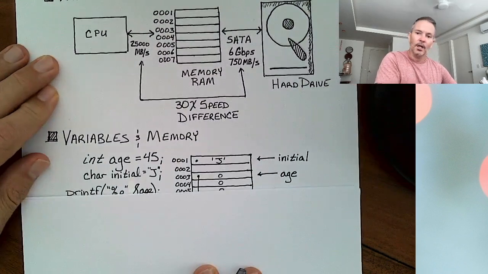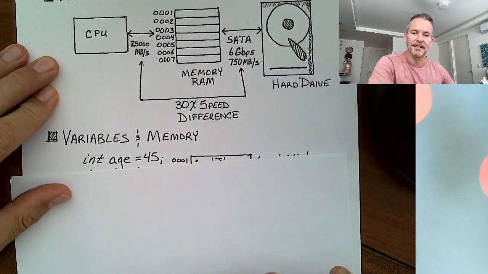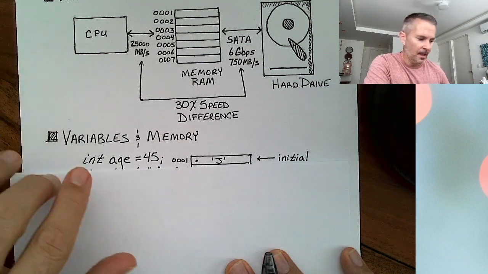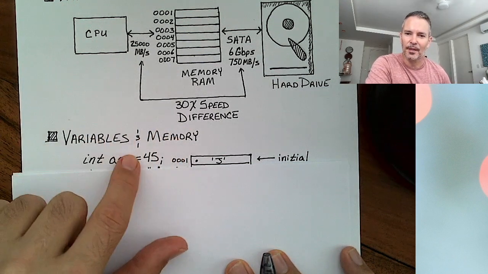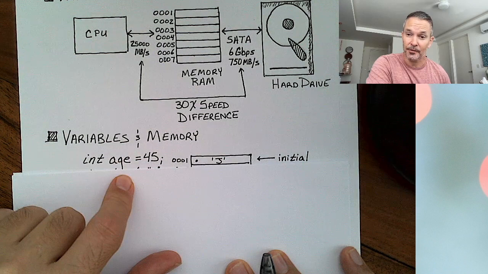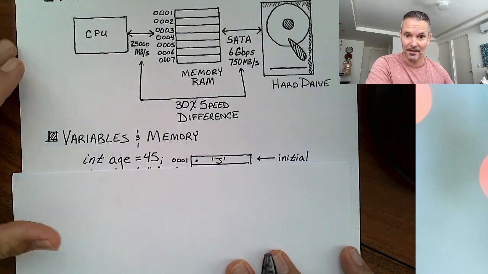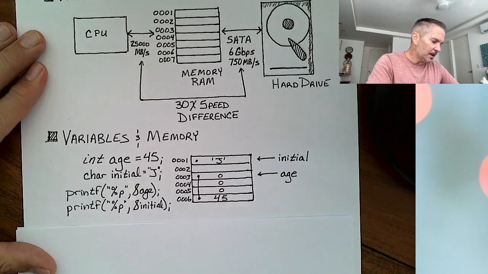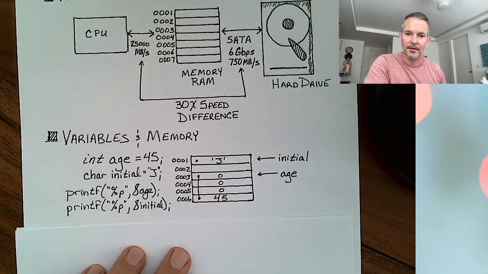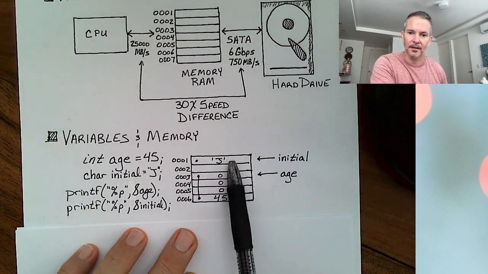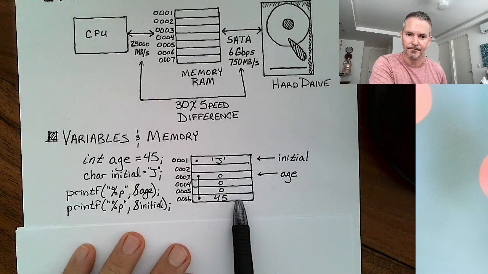All right, so when we're working inside of a program, the way that we're interacting with memory is by creating variables. We've spent a lot of time discussing variables and the different types of variables. So take a look at this code segment that I've created for you and the corresponding memory.